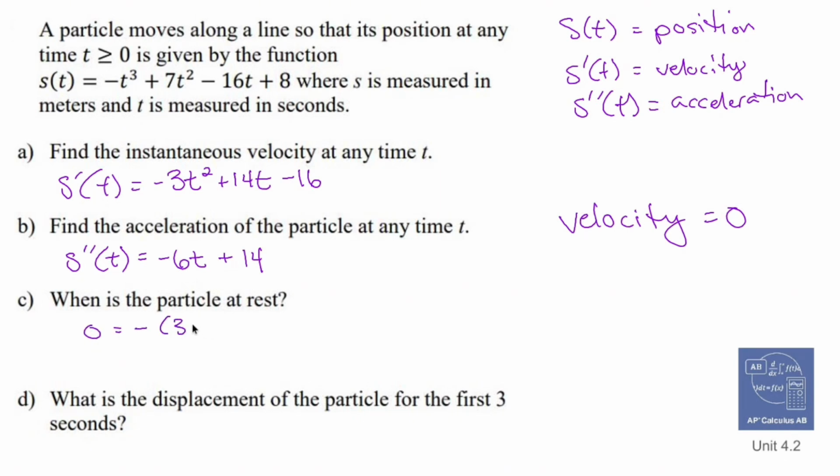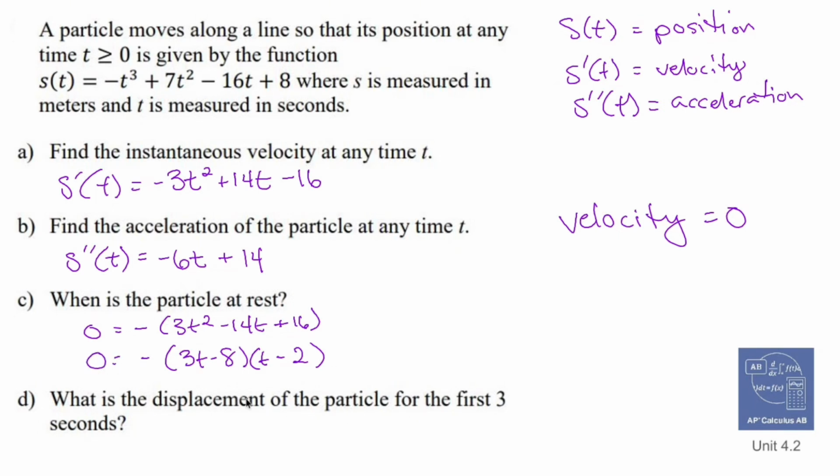So I have 3t^2 - 14t + 16 and see if I can factor it. One of them has got to be 3t - 8, and t - 2. Oh, how about that? So that equals 0.